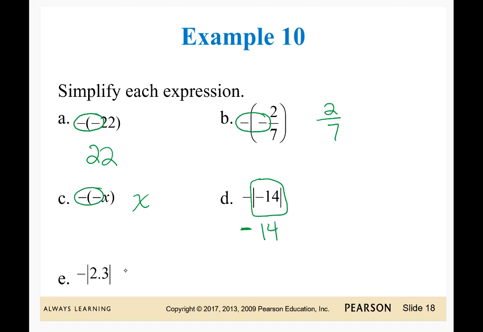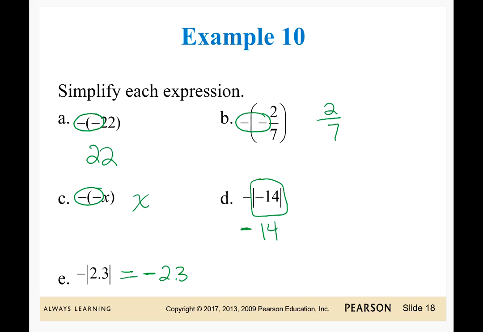E is the same way. We have the opposite of the absolute value of 2.3. That is the opposite of 2.3, which is negative 2.3. So just be careful when you have parentheses. Parentheses and absolute values are different. They don't act the same way. So you have to make sure that you're paying attention to when you have parentheses versus when you have absolute values.